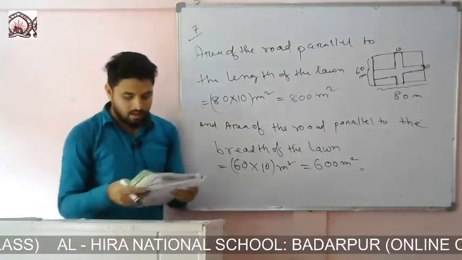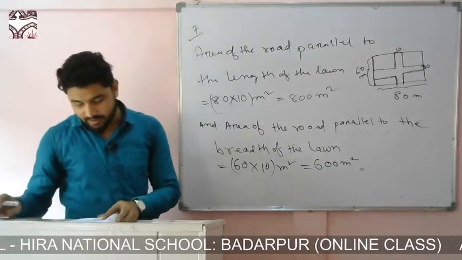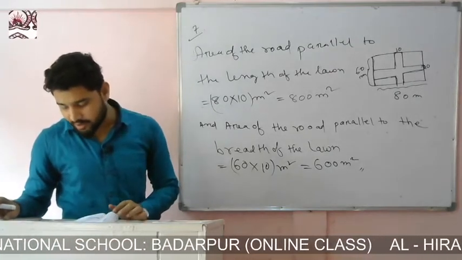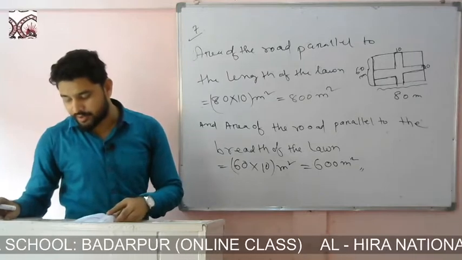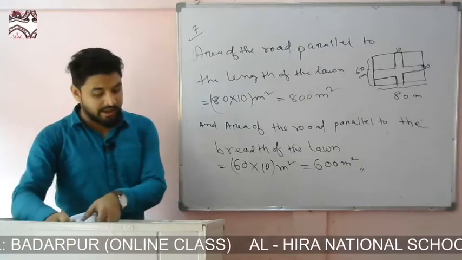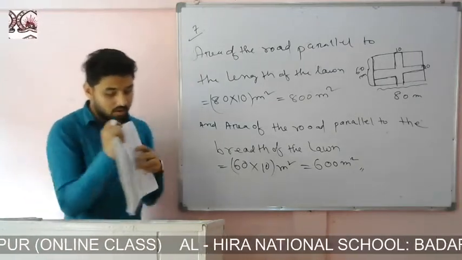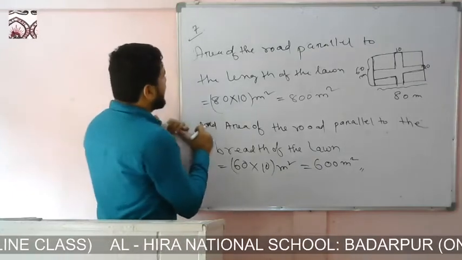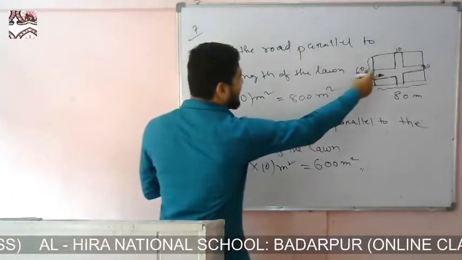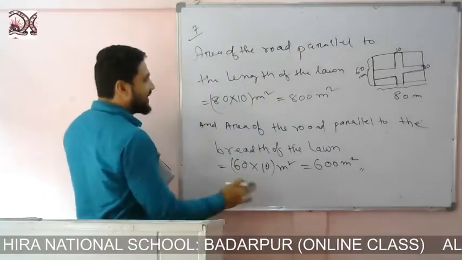Now the question, find the cost of leveling them at 1.20 per square meter. Now here you see we have to find the total area of both roads. After that we will find.